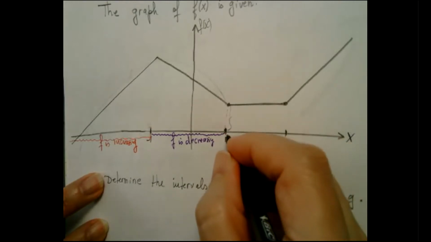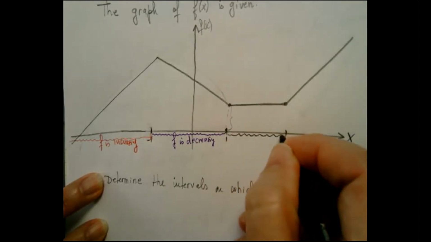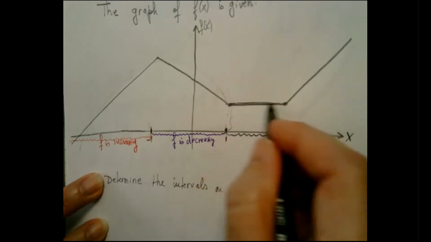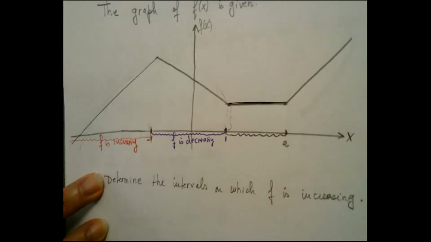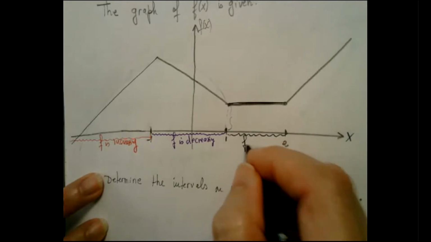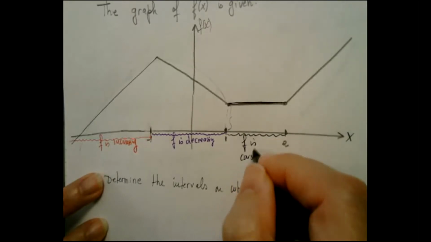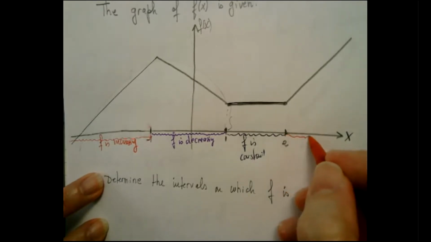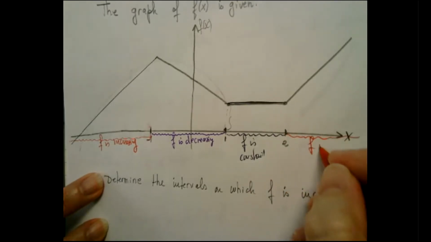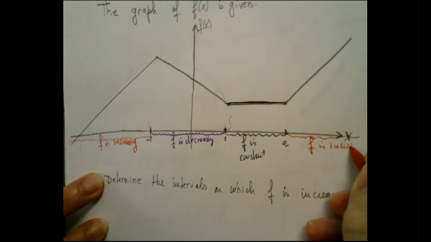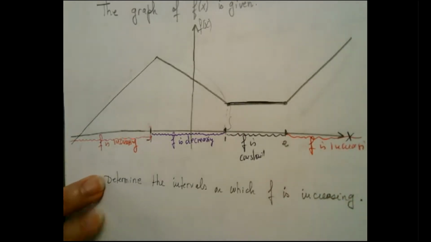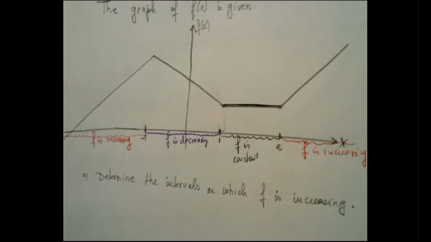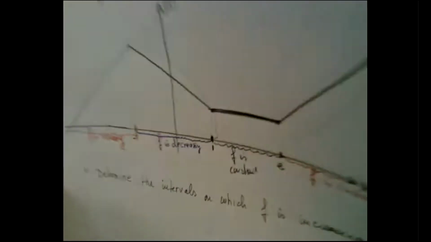Right here, the function is not changing values. Everywhere here, it's constant. And finally, after 2, f is increasing. That's how we analyze this. Not at one point. It's increasing on a whole interval, on a whole domain.